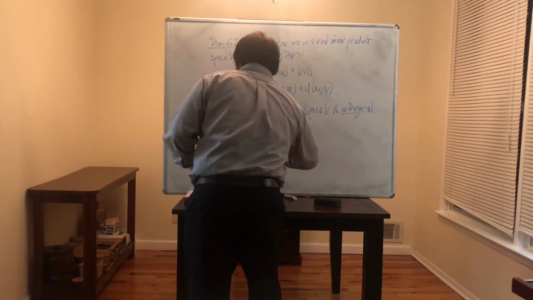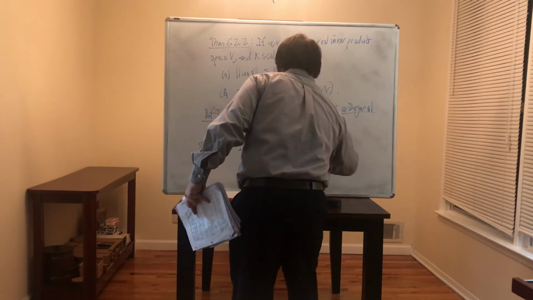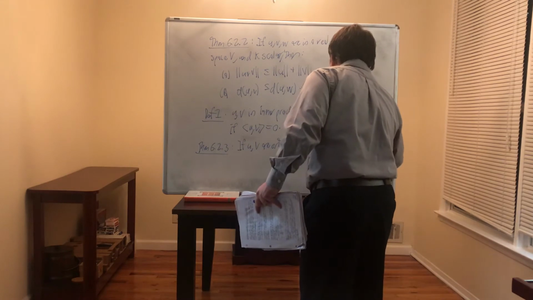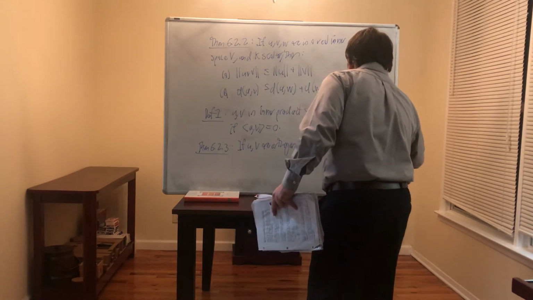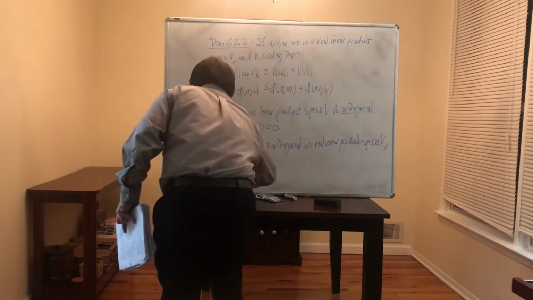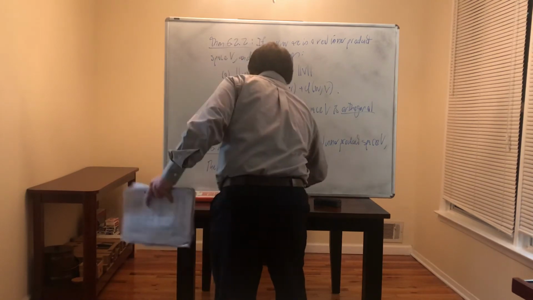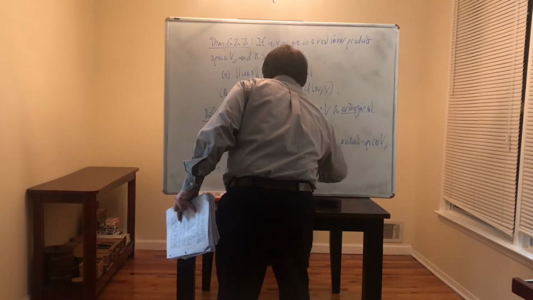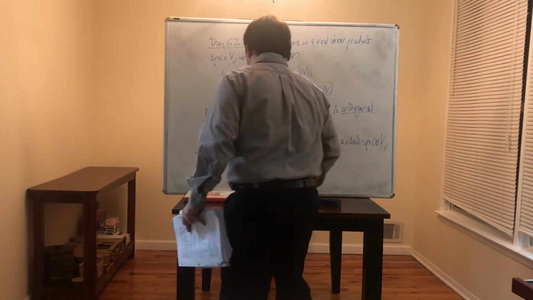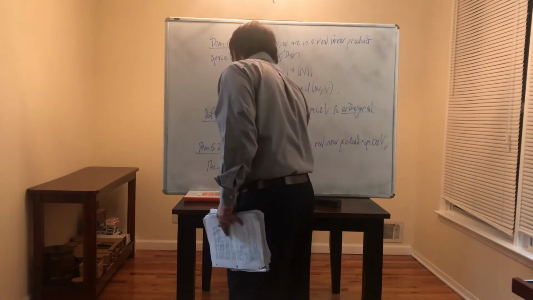If U and V are orthogonal vectors in a real inner product space capital V, then the norm of U plus V squared is equal to the norm of U squared plus the norm of V squared. So this is basically a more general version of the Pythagorean theorem.